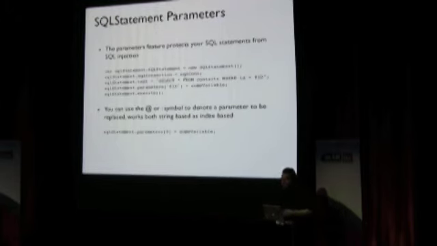Now that parameter ID is of course not the ID we want to pass to that query, but you'll see in the SQL statement parameters that we're replacing that with some other variable. And as soon as you execute the statement, it will automatically make sure that it's hooked into that query and everything runs as expected. Now you see that those parameters are name-based in the above example, but you could just as well use index-based.